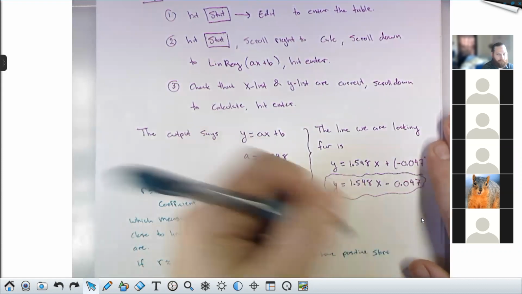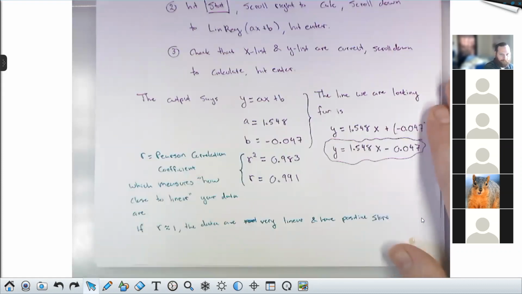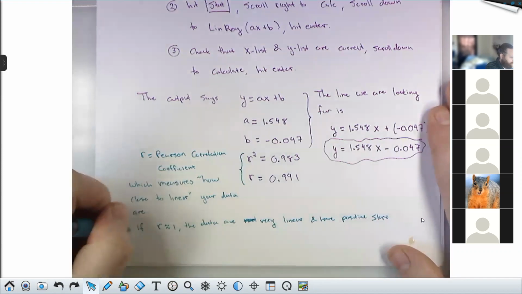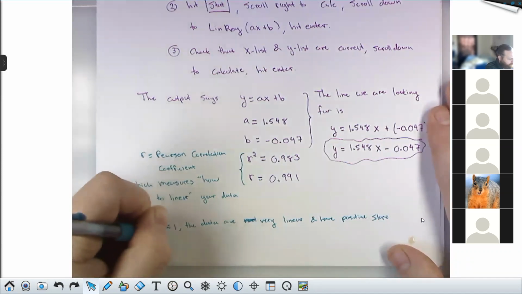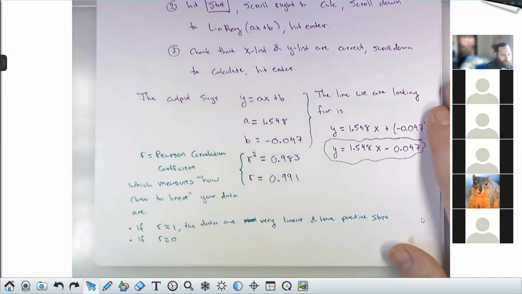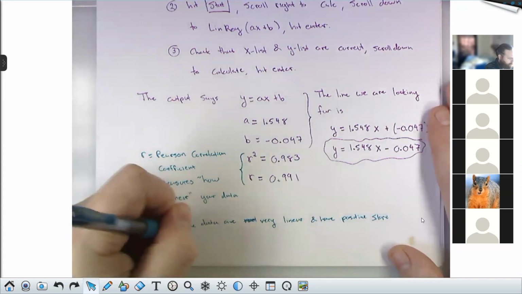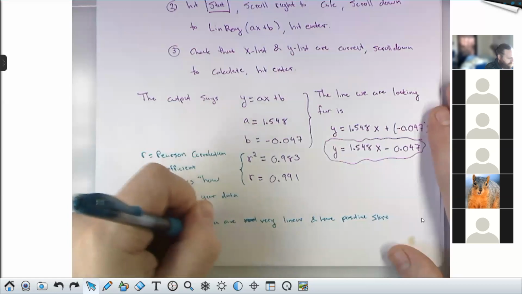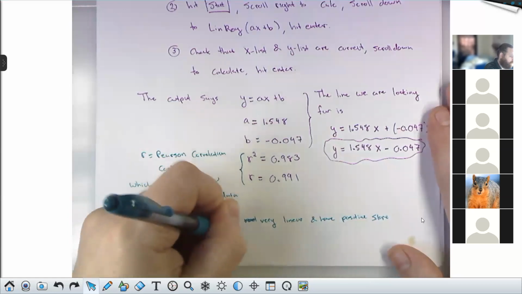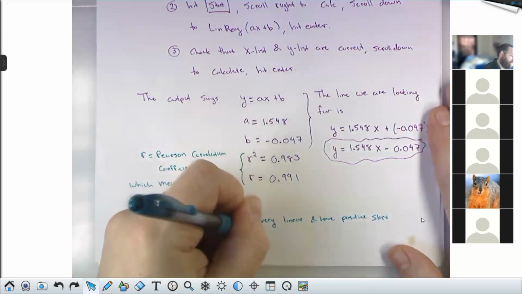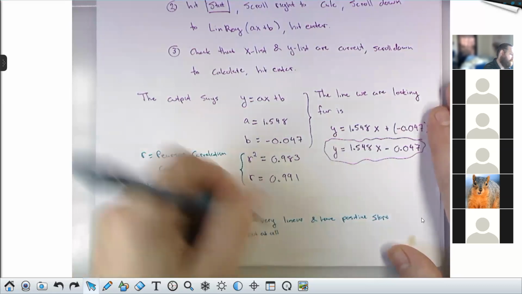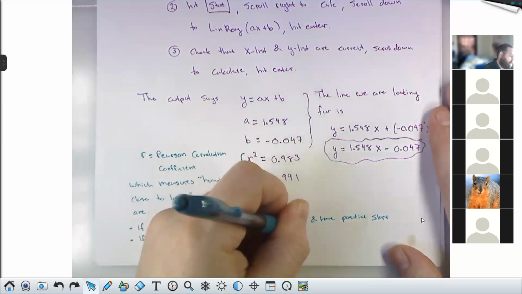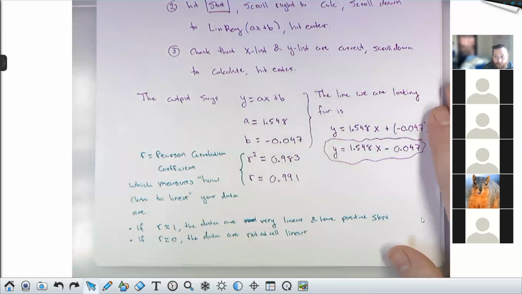In statistics, we call this a positive correlation. If R is very close to 0, the data are not at all linear. Maybe you just have a random cloud of points, right?